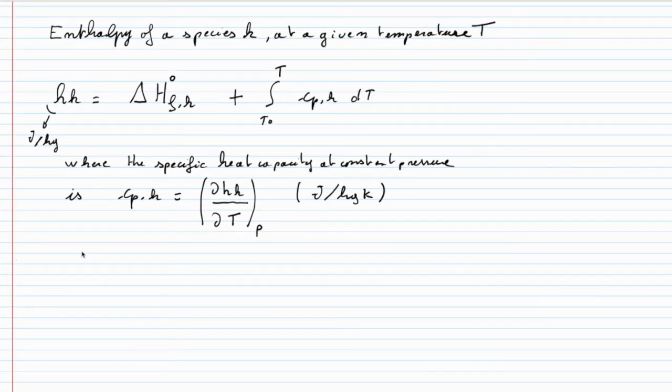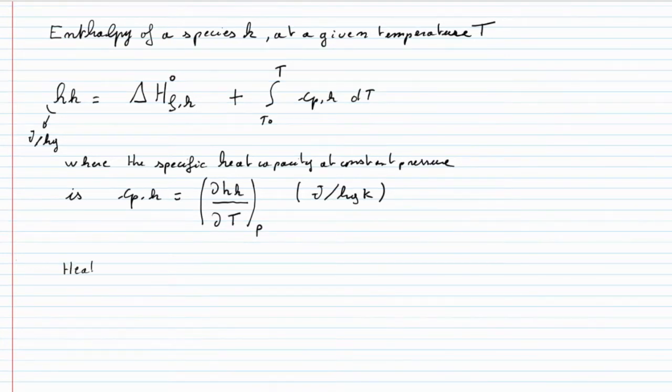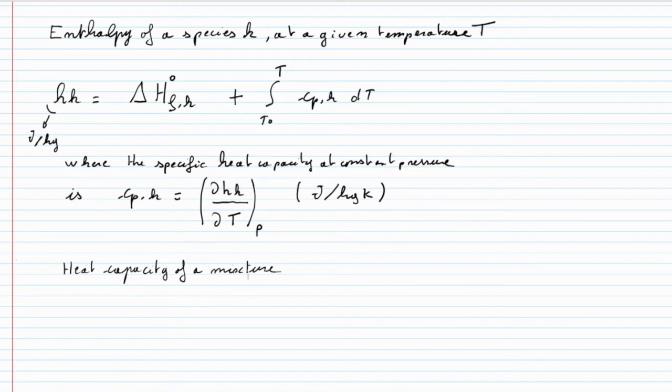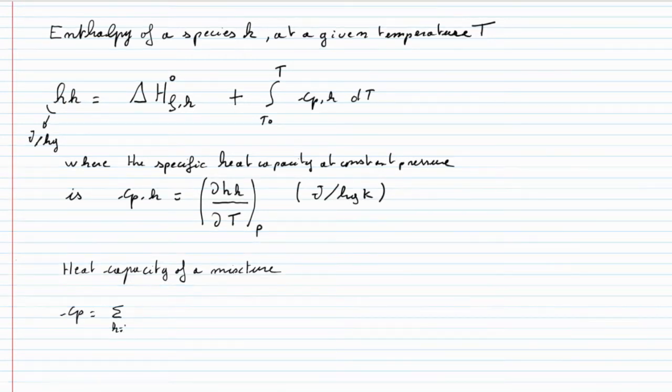If we consider now a mixture composed of NSP species, the heat capacity of the mixture is simply the sum of each species heat capacity weighted by the species mass fraction. In theory, the heat capacity depends on the nature of the species, but it is also a function of the temperature. The question is, are these dependencies significant for flame computations?